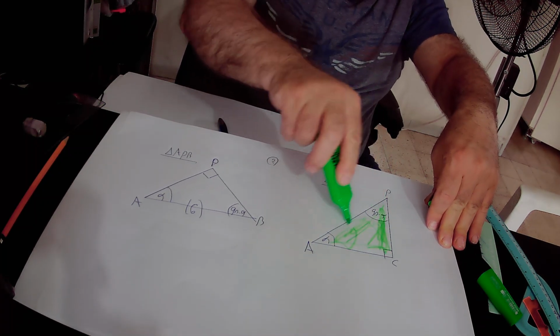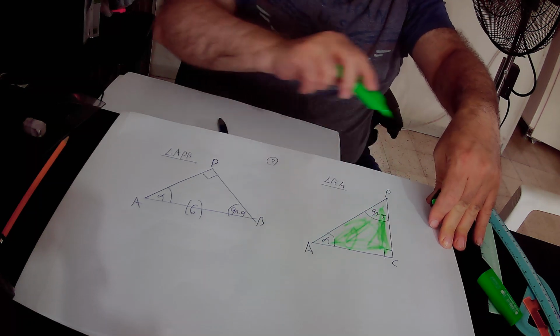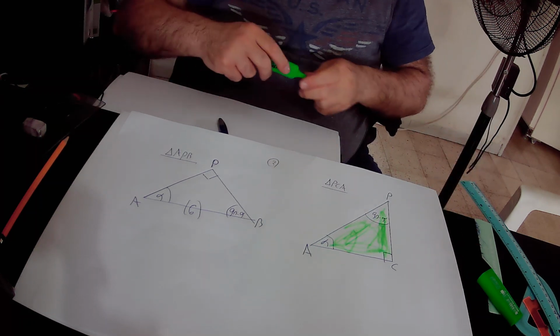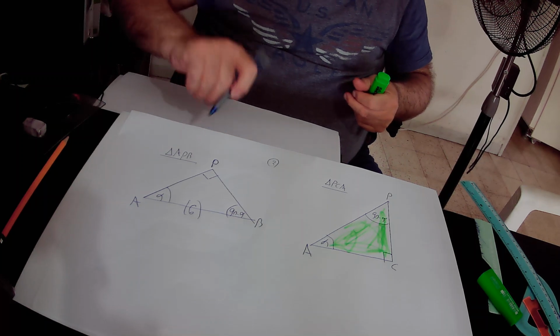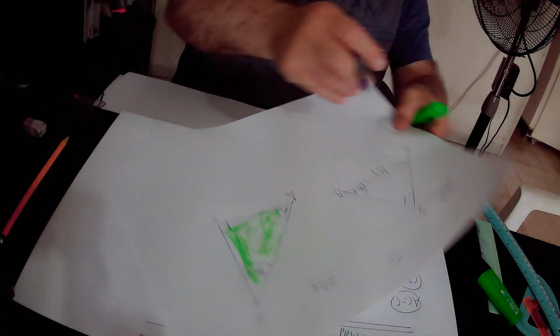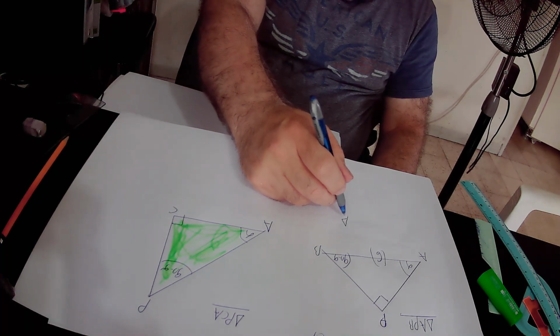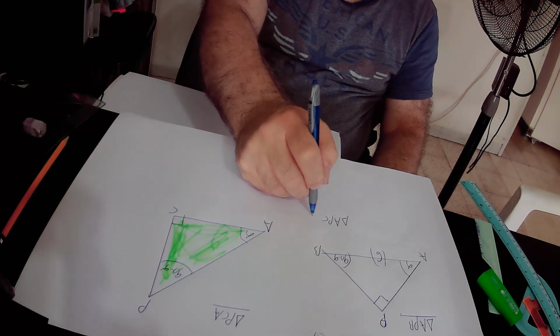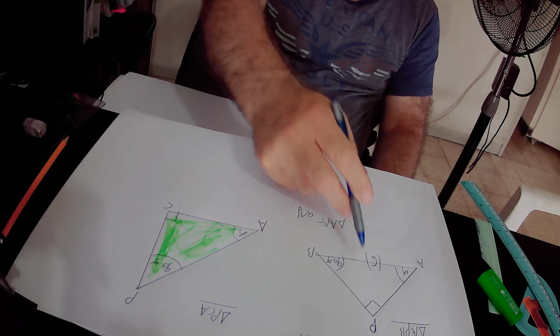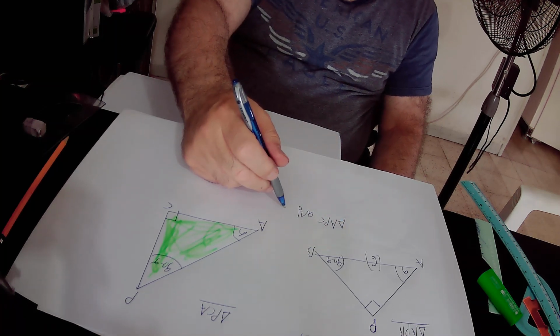So we prove that the green right triangle APC is similar to the white right triangle APB. So I'll write it down. We prove that the green right triangle APC is similar to this white triangle APB.